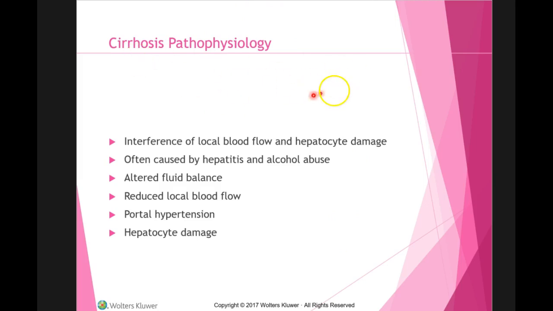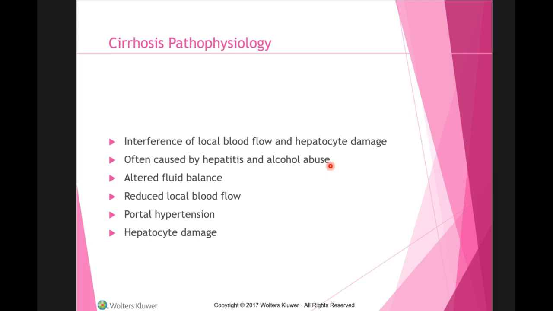So, cirrhosis is a disorder in which the liver demonstrates extensive diffuse fibrosis and loss of lobular organization. So basically, the hepatocytes, the functional cells of the liver, are damaged, and there's an interference with local blood flow.